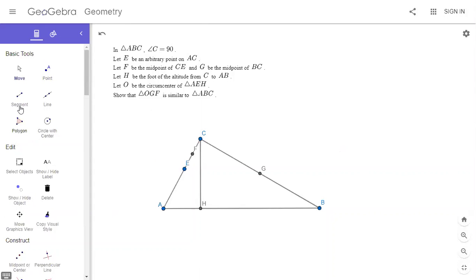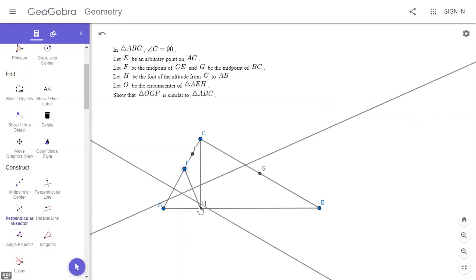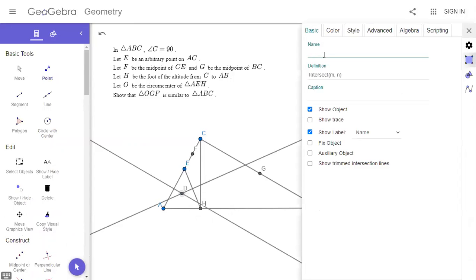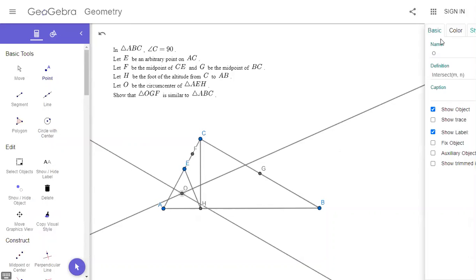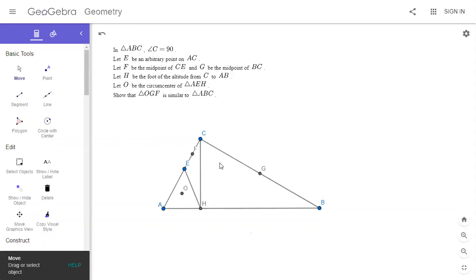O is the circumcenter of AEH. And then we want to show that triangle OGF is similar to triangle ABC.